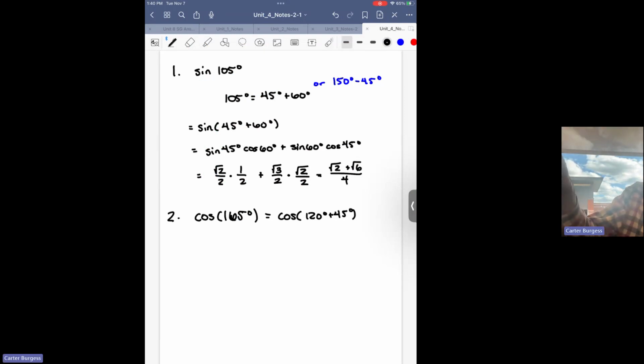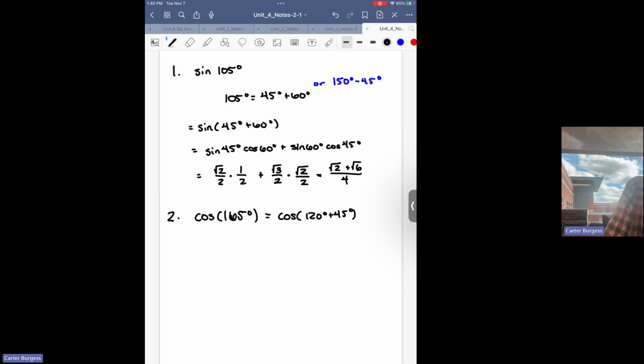I think Nikaya found another one. Nikaya, what did you find as well? 210 minus 45, which also would have worked. 135 plus 30 would have also worked. There are an infinite number of these that we could come up with. They'll all work. But we can run with 120 plus 45.